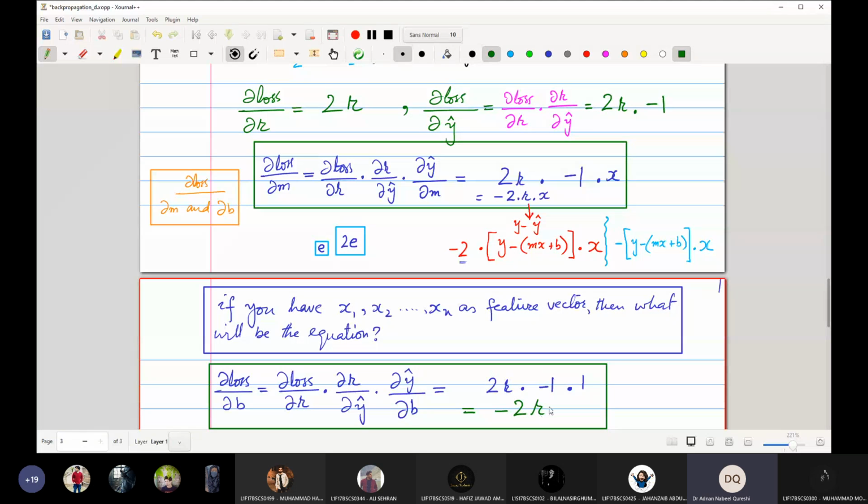So this is the loss with respect to b. This was the loss with respect to m, and we have concluded this part. If we were having the suggestions of Andrew Ng, only thing that will change is -2r will simply become -r, and that's it.